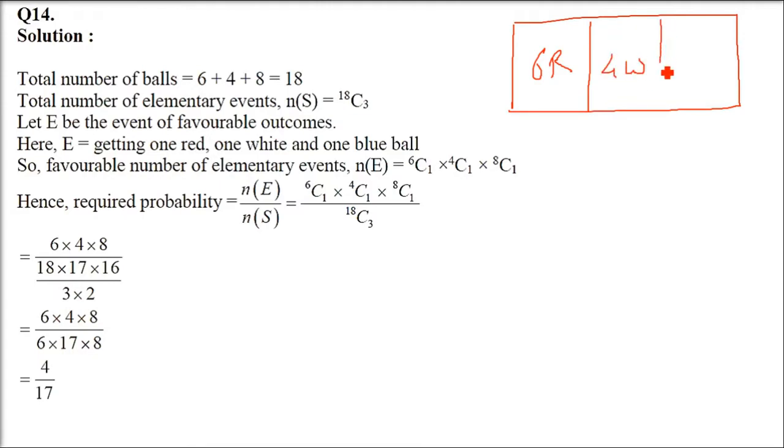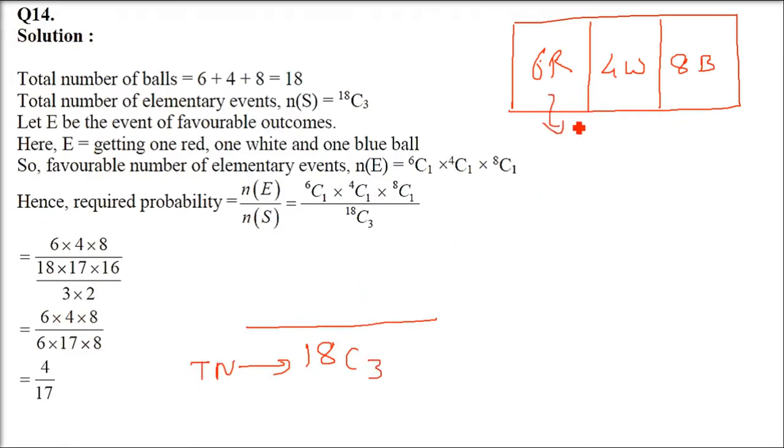So we have 4 white and then we have 8 blue. Now 3 balls are drawn. First of all, let us see the denominator. How many cases are there? 6 plus 4 plus 8, that is 18. So 18C3, you have to choose 3 from 18.